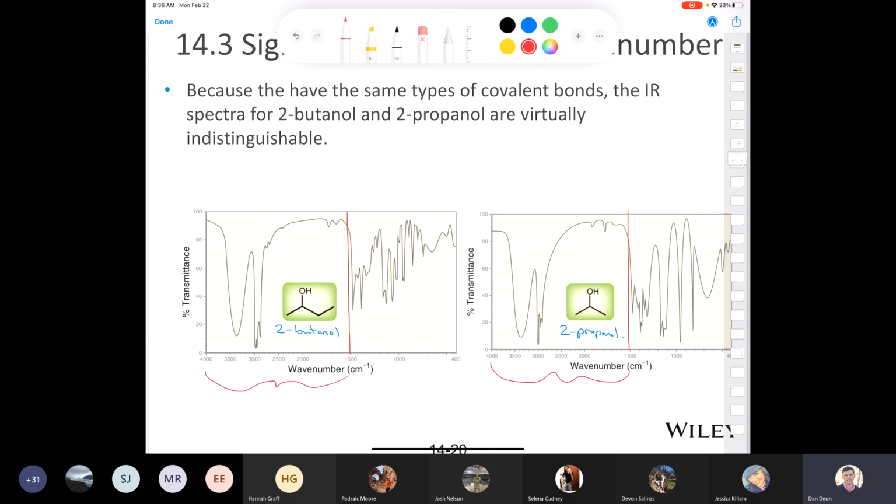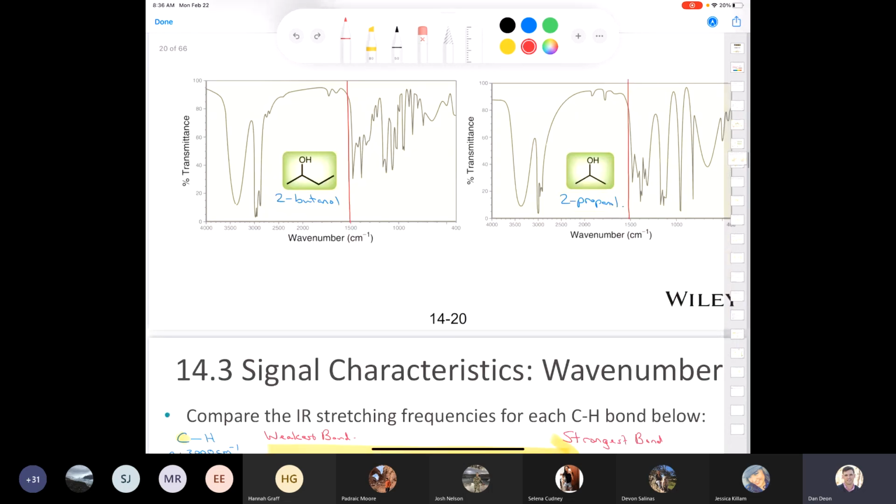They're pretty close, right? You have this broad signal here. You have something that looks pretty similar here. You even have this little blip up here. So it looks pretty similar. Whereas if you just take a quick gander at the fingerprint regions, you can see they're very different. Whoa, very, very different from one another. But again, the fingerprint region can be pretty difficult to analyze, so we won't spend a lot of time in there.